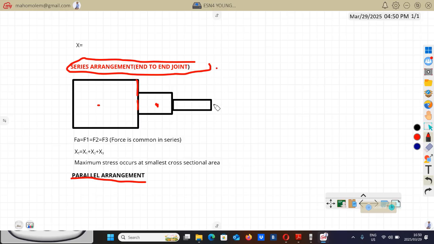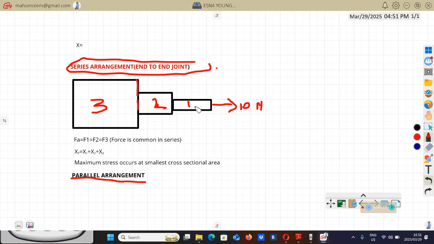Therefore, what you have to know is that if you take this component and then you apply a force like this, let's say you apply the force of 10 Newton. So what's going to happen here is that this component, let's say component number one, this is component number two, this is component number three.